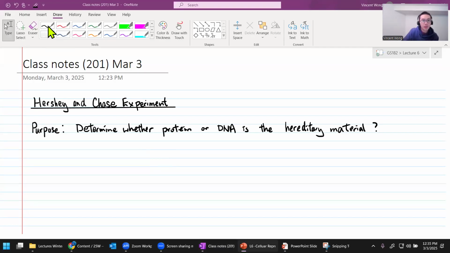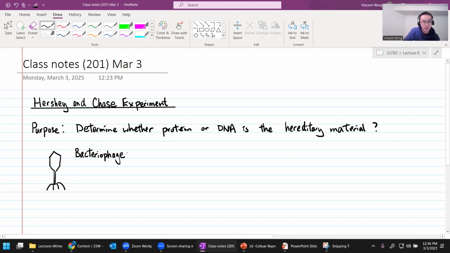And so they studied this problem using a type of virus called the bacteriophage. So the bacteriophage, as I showed you on the picture with those green little blob things, looks like this. This is a bacteriophage. They infect bacteria. They are harmless to humans.